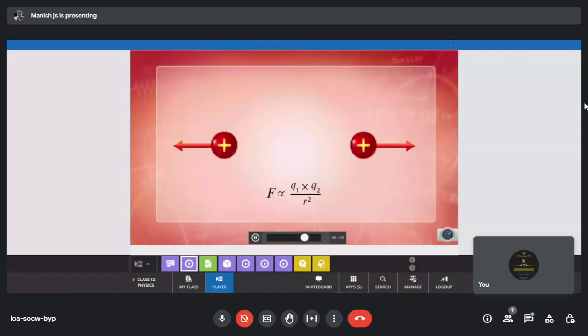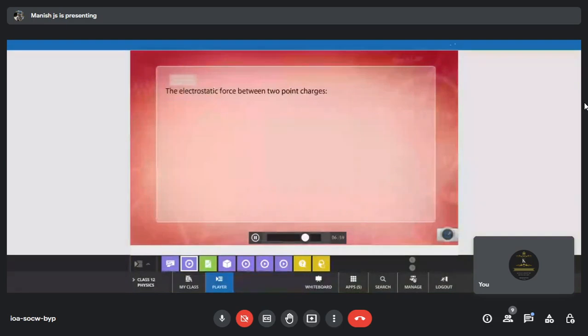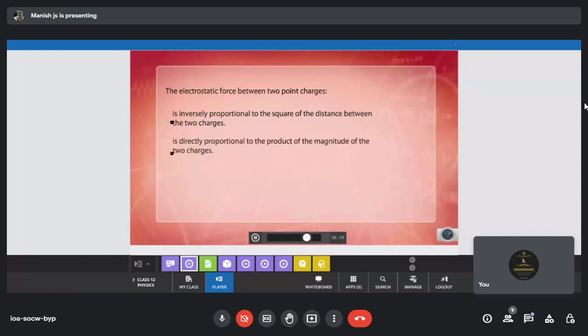From his findings, Coulomb proposed a law, which is called Coulomb's law. It states that the electrostatic force between 2 point charges is inversely proportional to the square of the distance between the 2 charges, is directly proportional to the product of the magnitude of the 2 charges, and acts along the line joining the 2 charges.